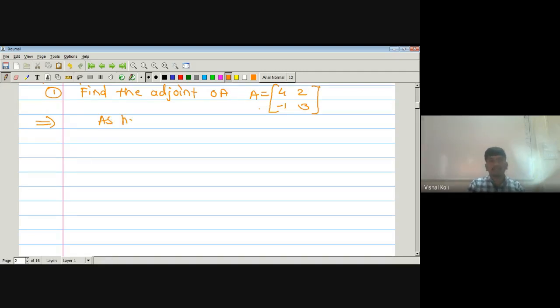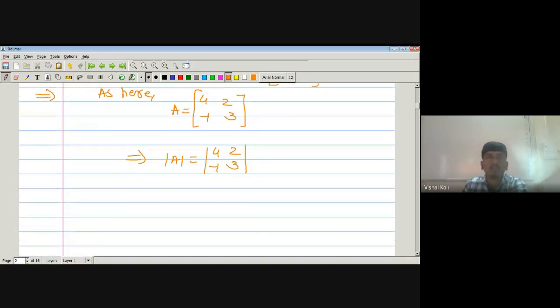Okay, as here matrix A is nothing but 4, 2, -1, 3. Then its determinant is 4, 2, -1, 3. Okay, now we have to find the cofactor of each element of the determinant of A. This one is A11, this one is A12, this is A21, and this is A22.